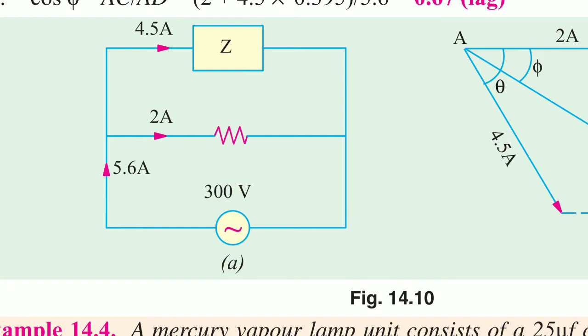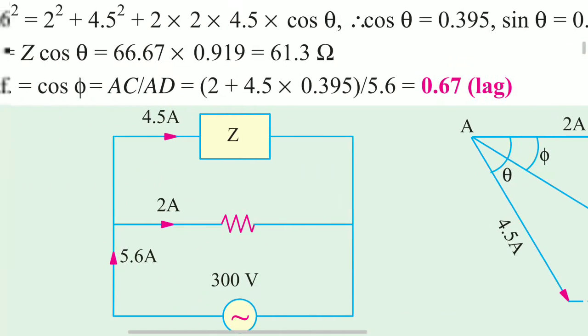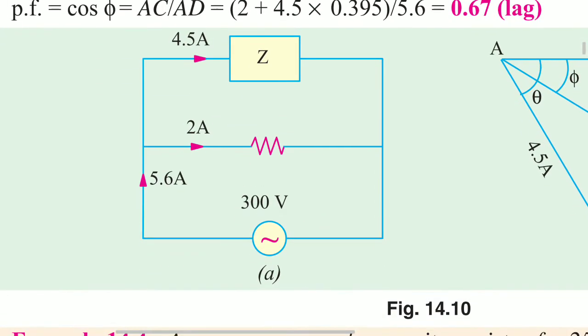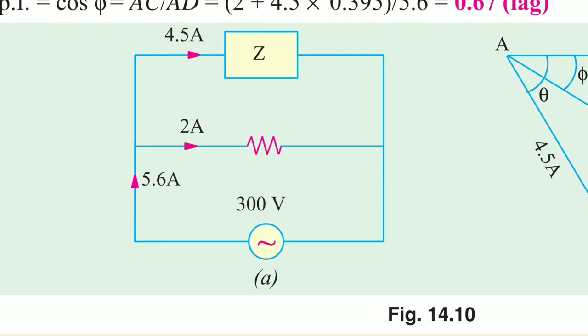Observe this, very important. Z has not been given, only the current 4.5 amps is given, and 2 amps is given and resultant 5.6 amps is given, 300 volts is given data.